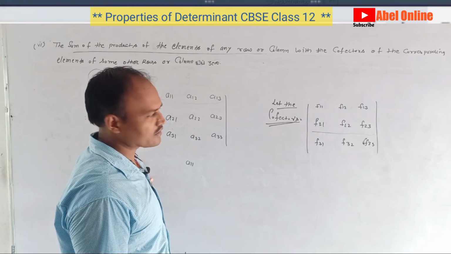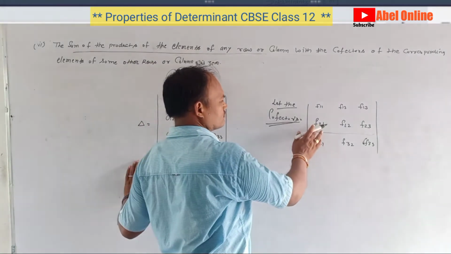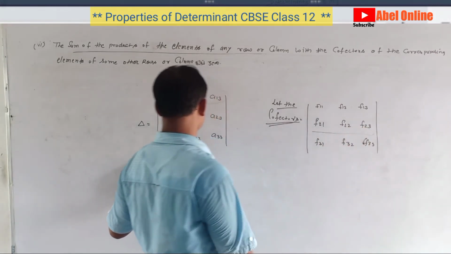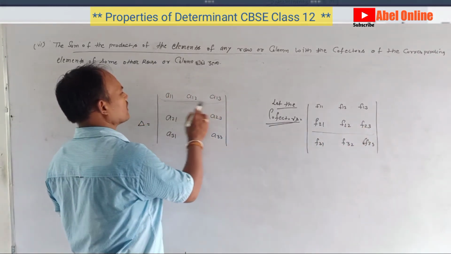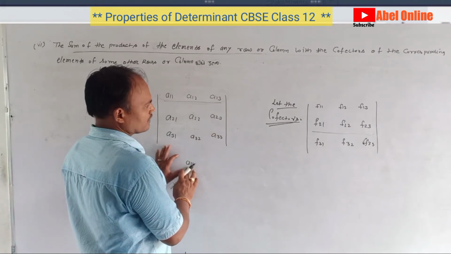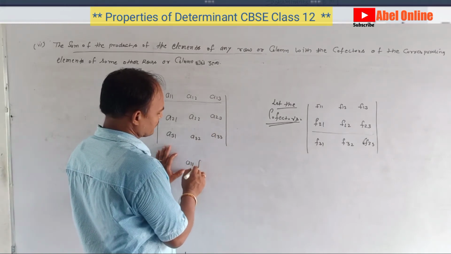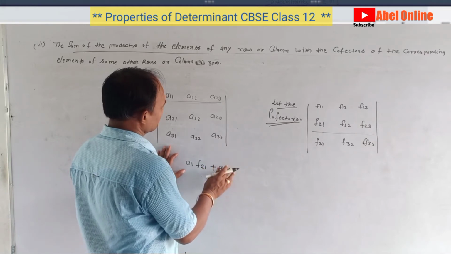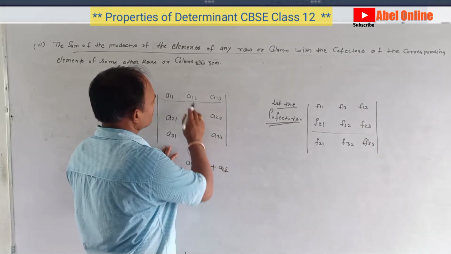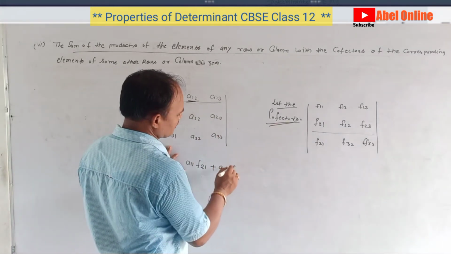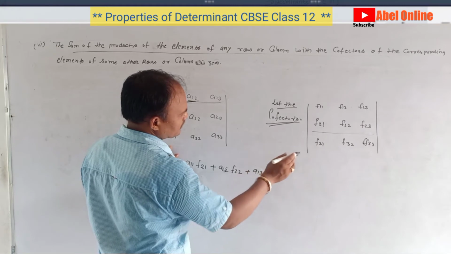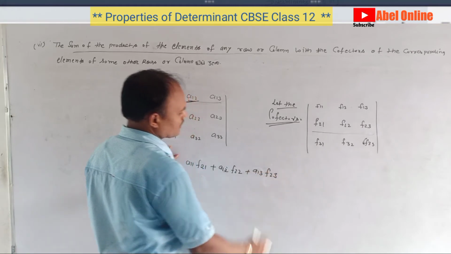Understand? Take a11 with f21, the second element a12 with f22, then a13 with the cofactor f23.